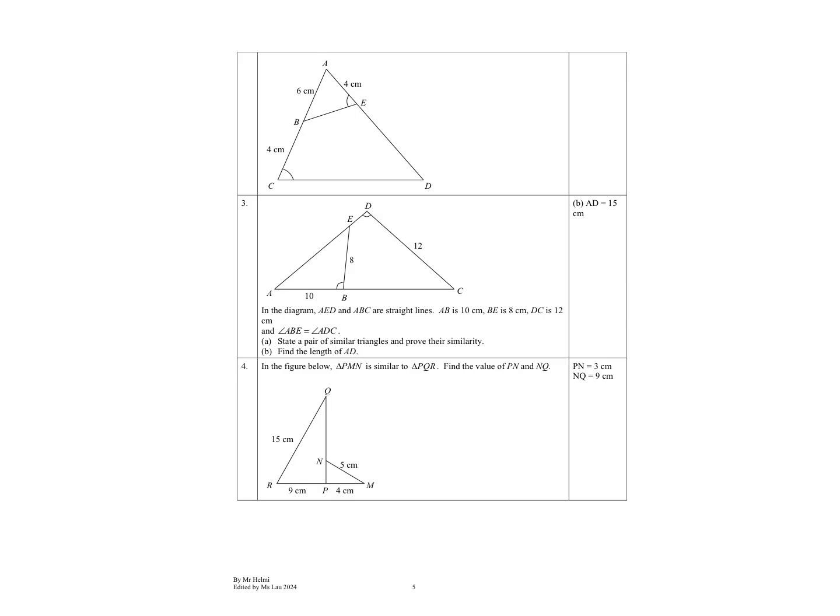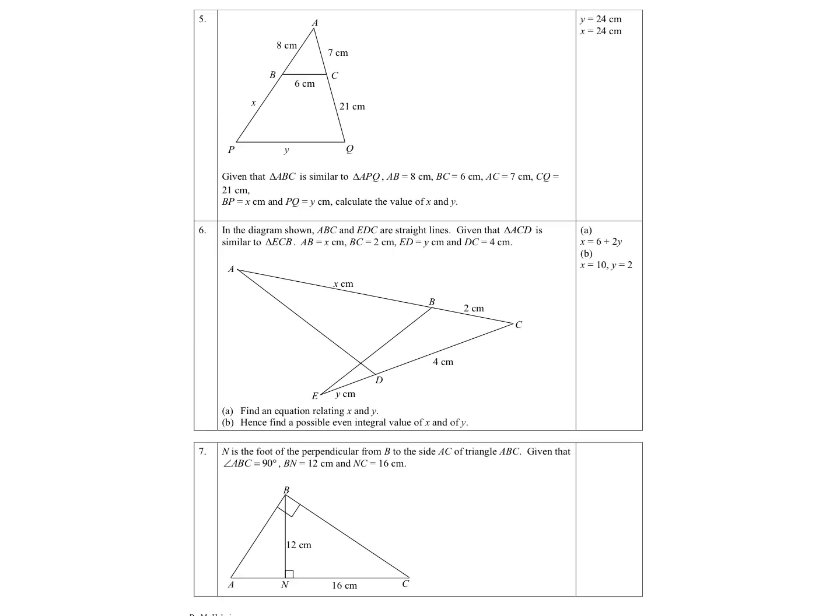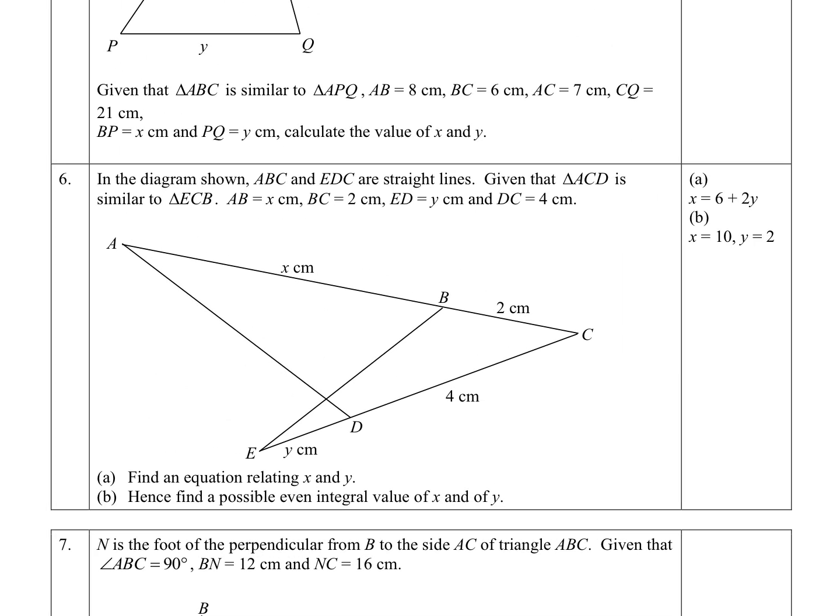Okay, but anyway, as a recap, look at question 6. It says that ACD, this one, is similar to ECB. So when it's orientated in this way, it's difficult to compare.